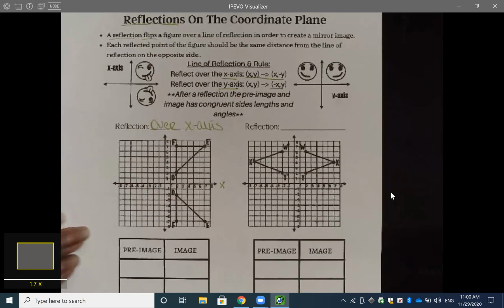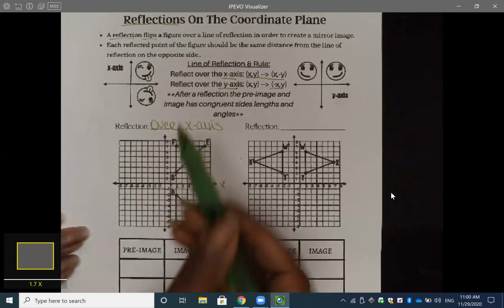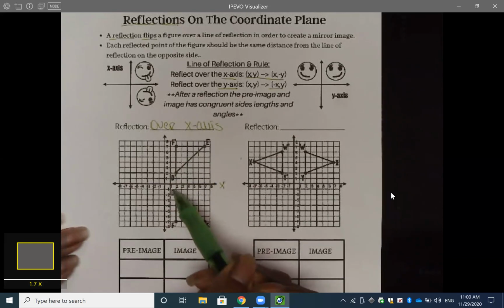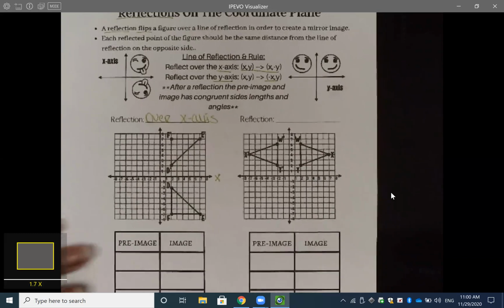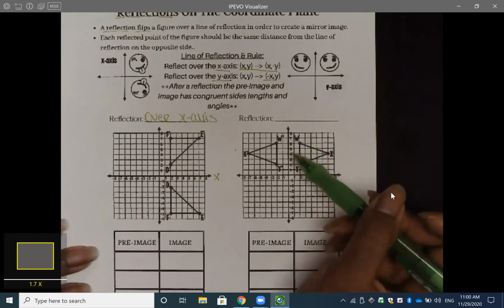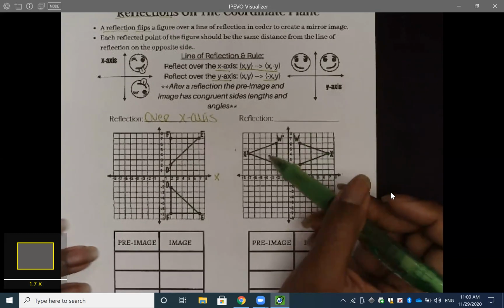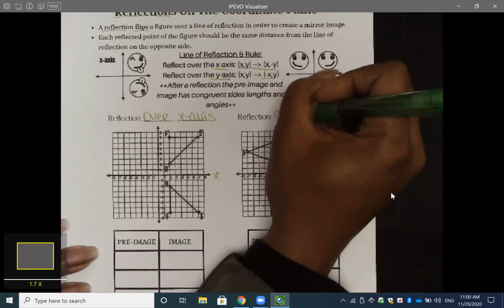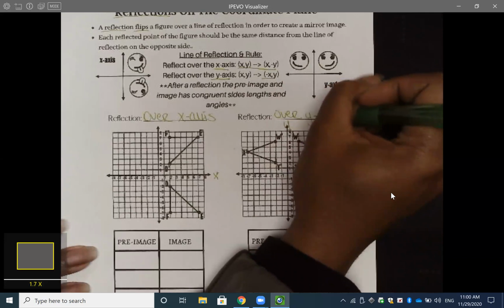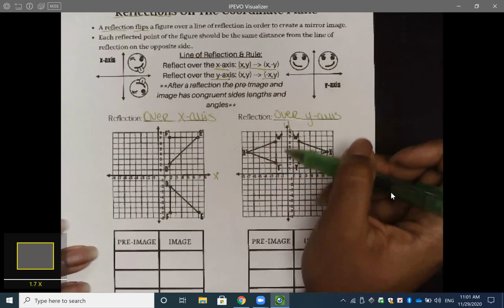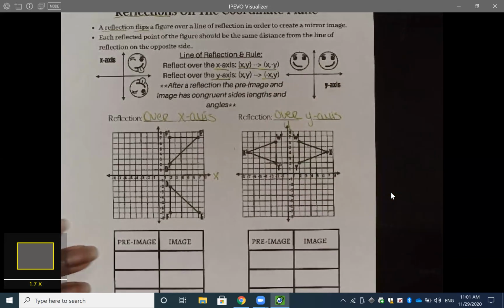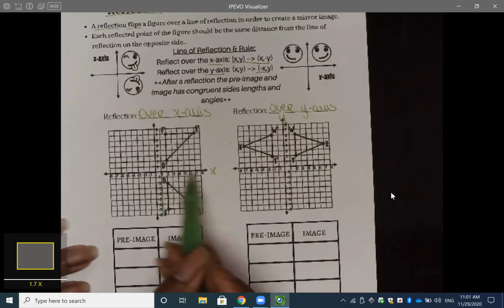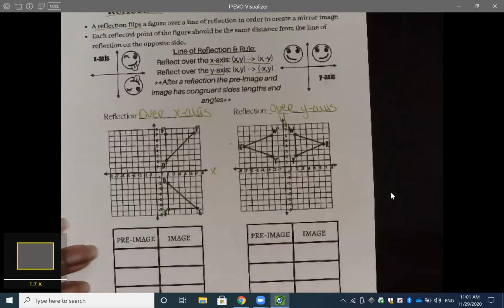Reflection over the x-axis, okay? Because the x-axis is what's in the middle of it. Meanwhile, over here, we are reflecting over the y-axis because the y-axis is in the middle of the two. So whatever axis is in the middle of the two images is what you're reflecting over.